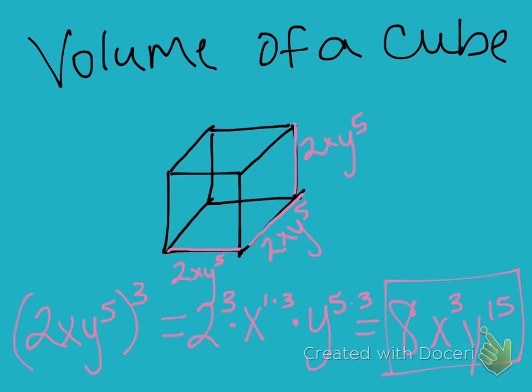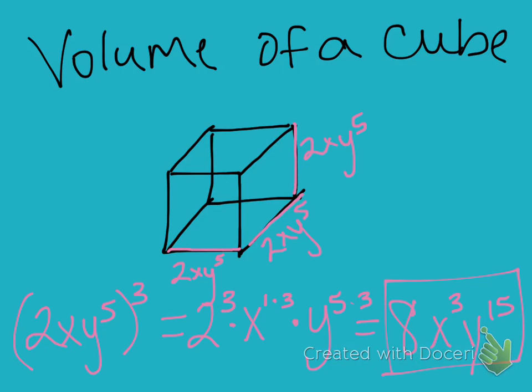So 2x, y to the 5th would all be taken to that 3rd power, so 2 to the 3rd power times x. Now x has no exponent, so you would take 1 times 3, because anytime it doesn't have an exponent, it's always to the power of 1. So 1 times 3, or you could simply put 3 there. Times y to the 5 times 3.